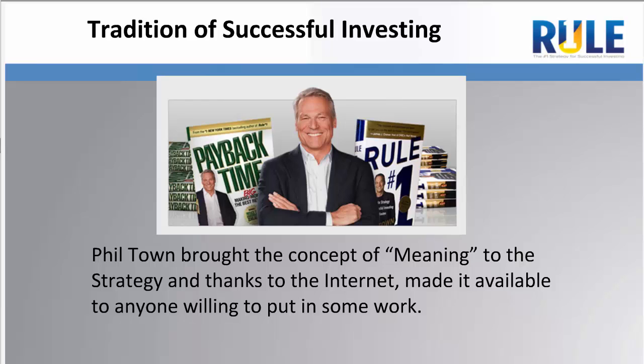And number two, the light bulb really went on. Phil realized all of us can do this. Now that the internet is here, we're able to get that research, do that research, get that knowledge that all the big brokers had and kept to themselves. It was a type of tyranny that they had of the knowledge before the internet.